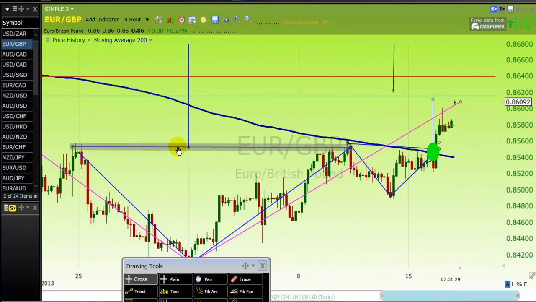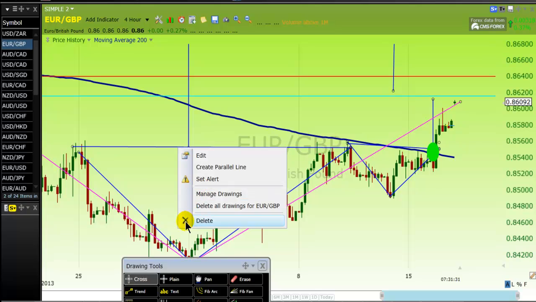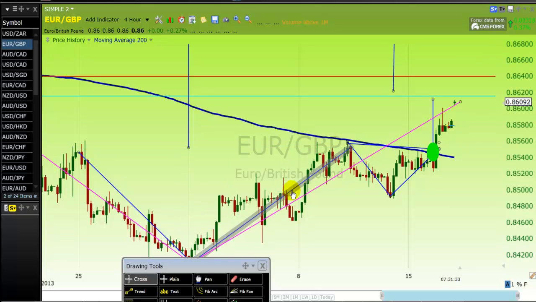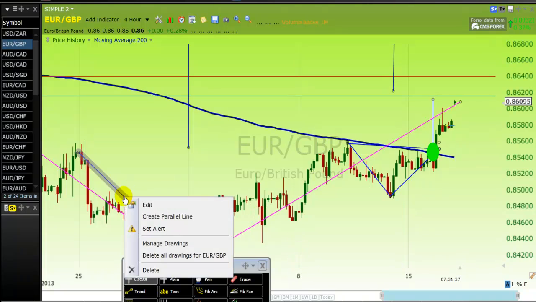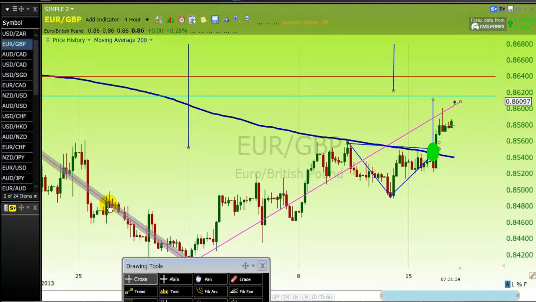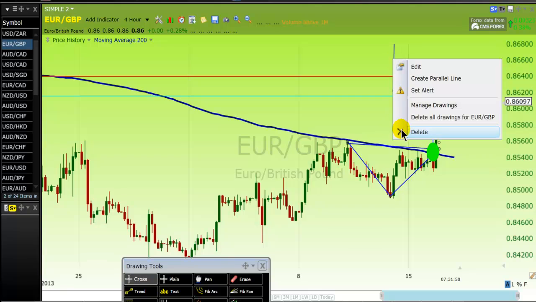I will remove some of my drawing on these charts, and I will leave the current pattern on the chart, and we will come back to this and see what is happening with the pound dollar currency pair.